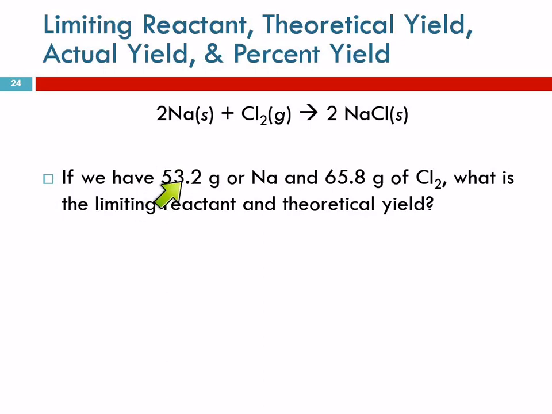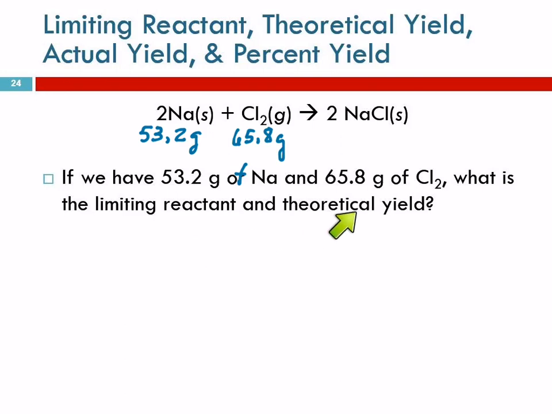Suppose we have 53.2 grams of sodium and 65.8 grams of chlorine. What's the limiting reactant and theoretical yield for this reaction? Well, 53.2 grams of sodium, write that under sodium in the balanced chemical equation, and 65.8 grams of chlorine, we'll write that underneath.